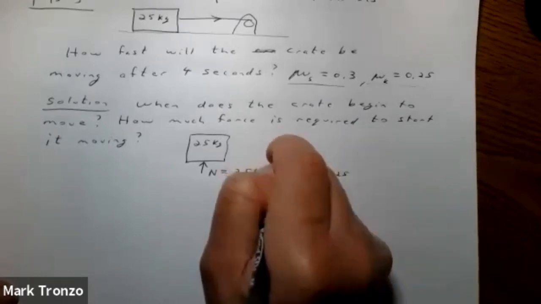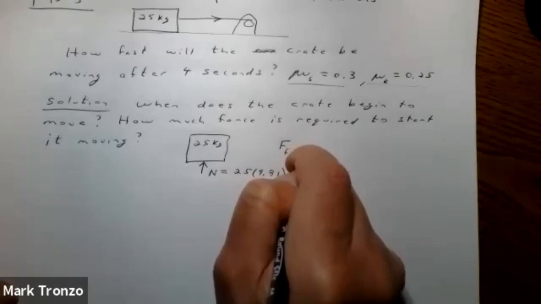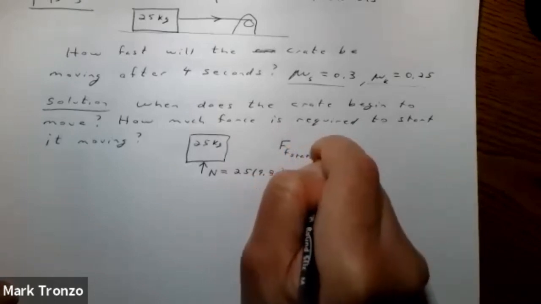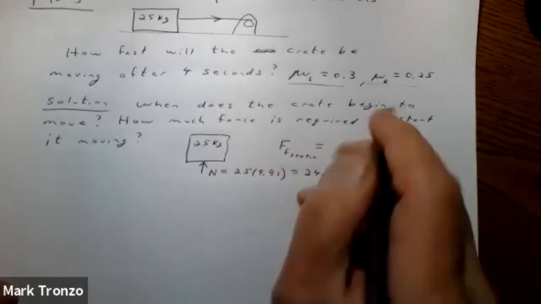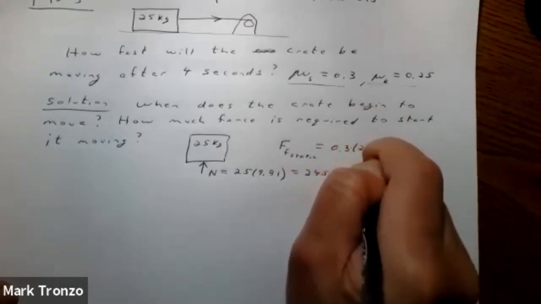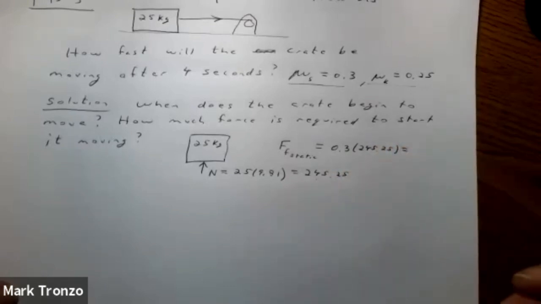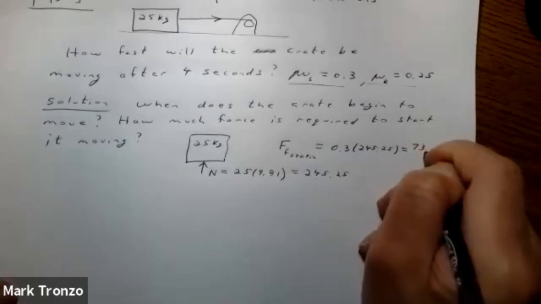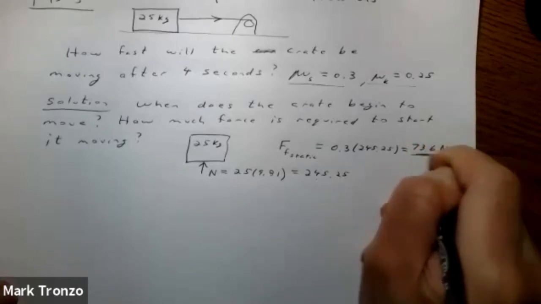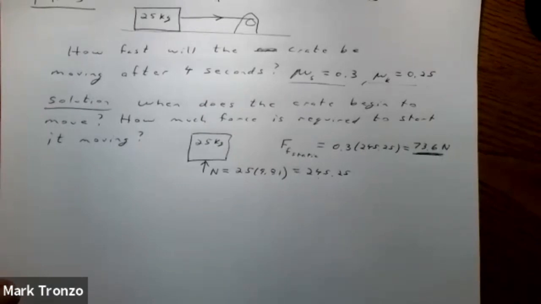First of all, we need the static friction, which is mu times this, 0.3 times 245.25, which is around 73.6 newtons. So that's the static friction force.